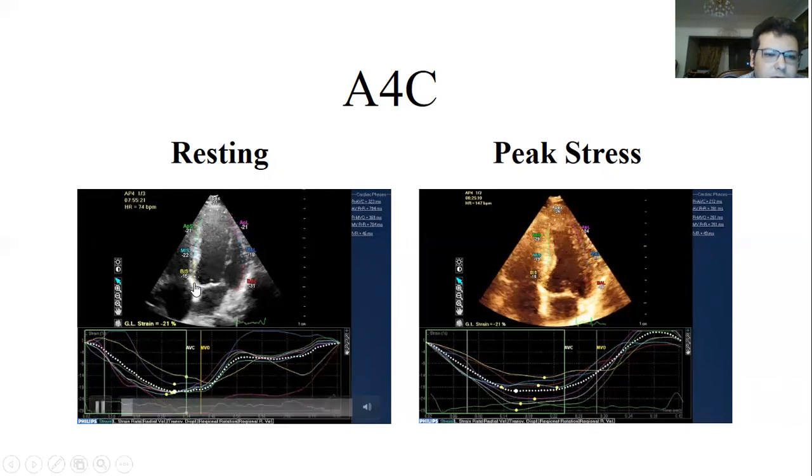We set points: 2 points at the mitral annuli, and a point at the apex, and the software automatically tracks the region of interest. And if there is mal-tracking, we can adjust it manually. Then the software automatically runs the strain curves for each segment.